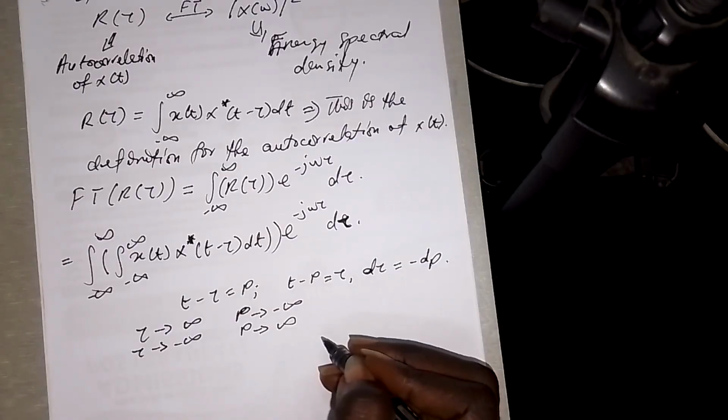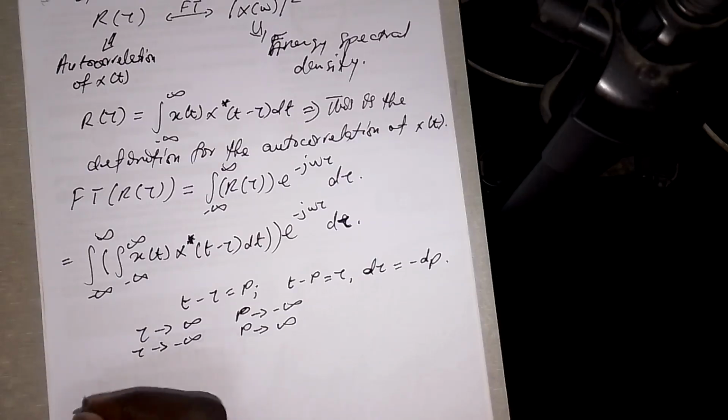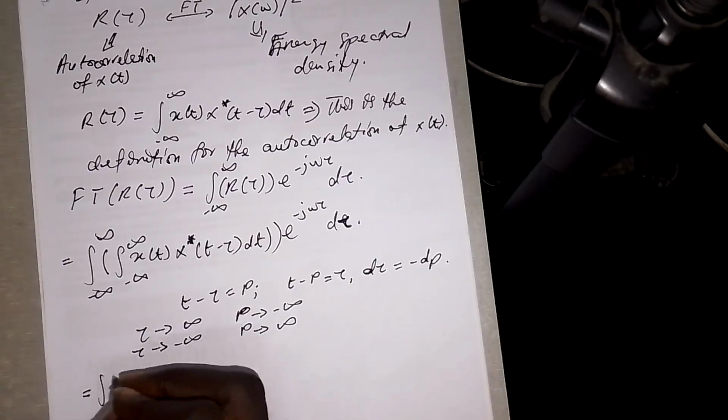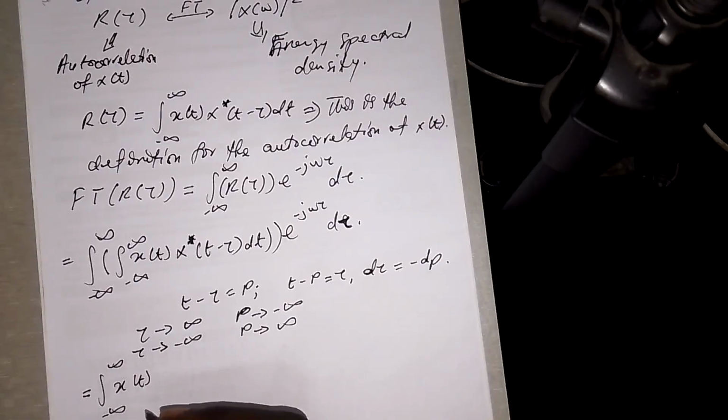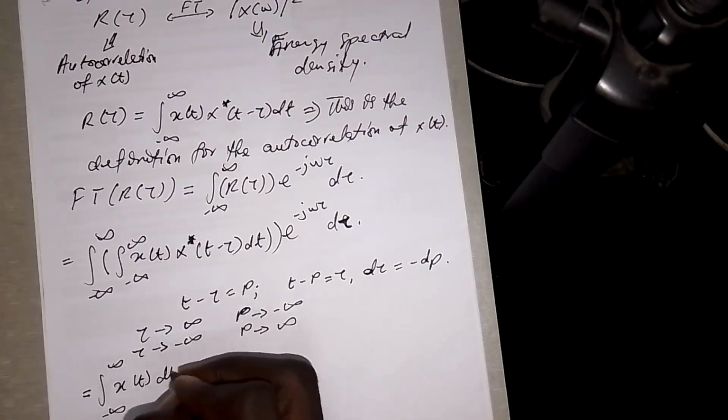From here, if I introduce these into my equation, it will now become the integral from minus infinity to infinity. I can see that x of t is here, dt.